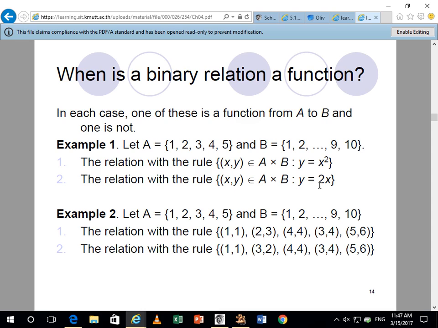Okay, fine. x is 3, you get 9. x is 4, no element. 5, no element.